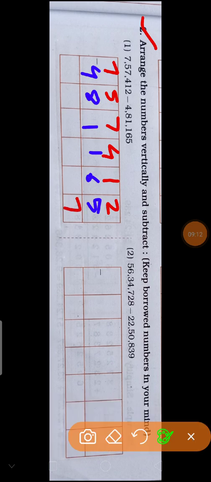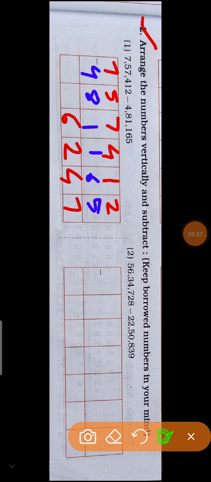12 minus 5, 7. Again here 0. 0 minus 6, it's not possible. Again we will take one borrow from the next place. So here is the number 10. 10 minus 6, 4. Okay. Now here 3. 3 minus 1, 2. Okay. 7 minus 1, 6. 5 minus 8, it's not possible.